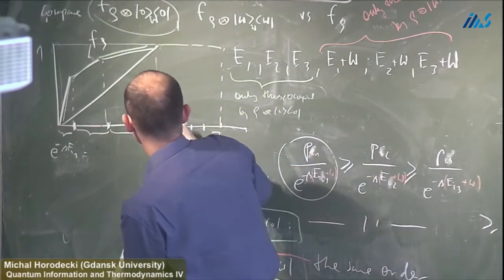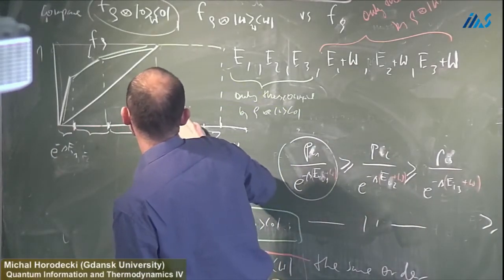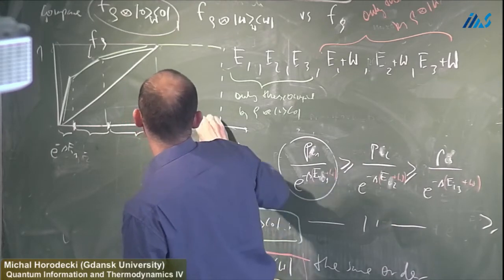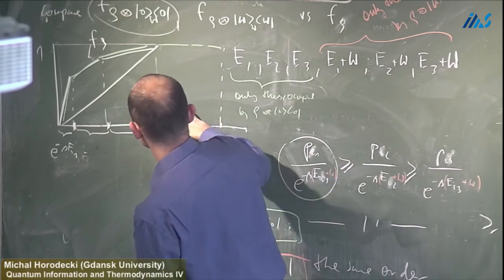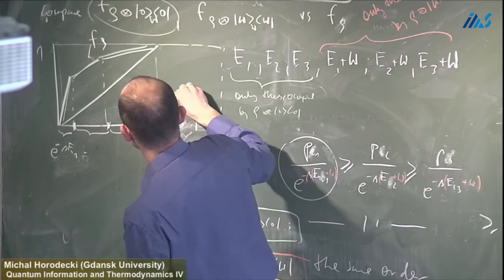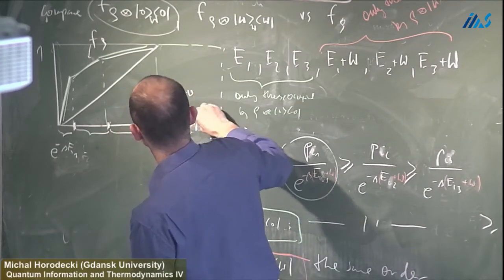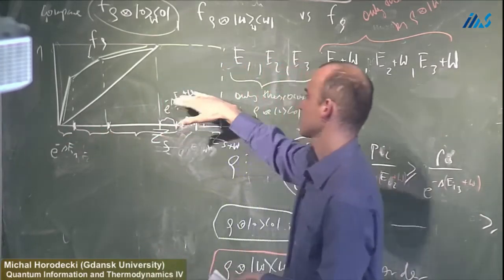Sorry. Here is Z. Yes, and here I have this further rescaled three rescaled things. So this is E2 minus beta E I1 plus W, and so on. Okay, so these are standard energies, they are energies plus W.